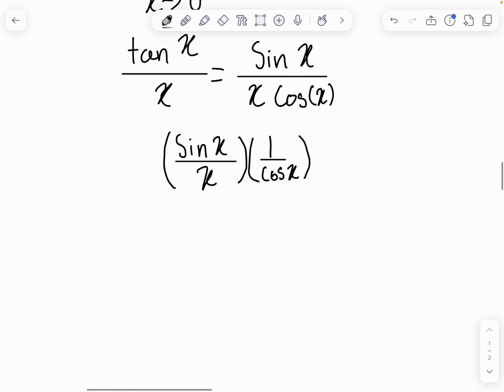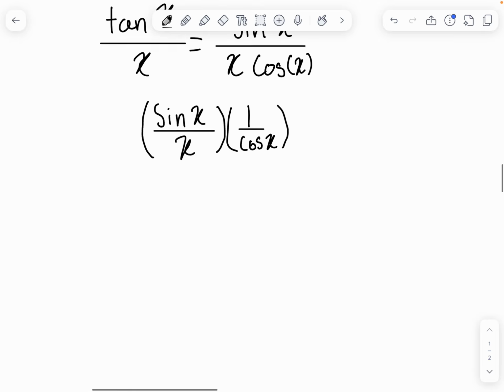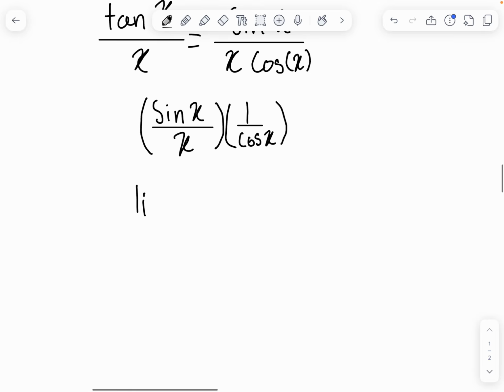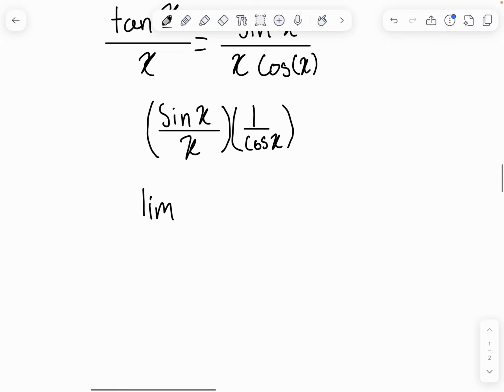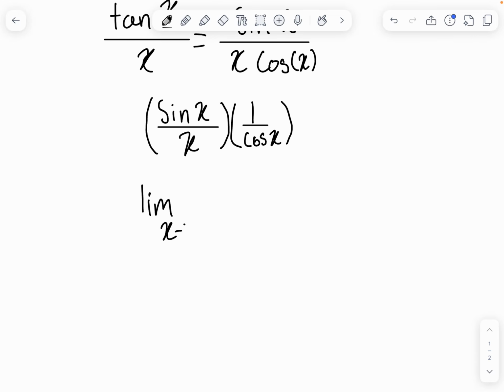There's two trigonometric limits that you should just know. I already said this before, but the limit as x approaches 0 of sine x over x is equal to 1. You should memorize that.